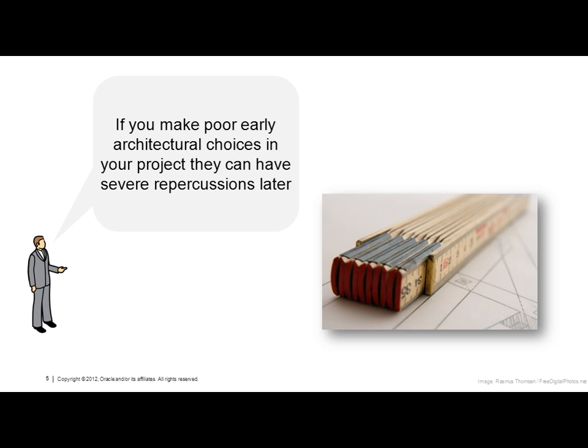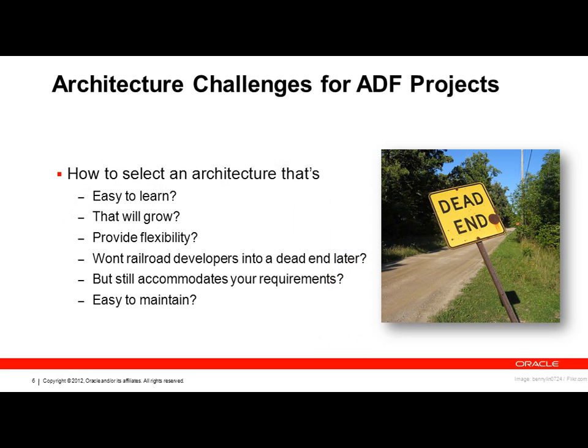You may discover that you built your application in one way and effectively it provides you no wiggle room later on to re-architect the application to take on some new requirements or some new reusability features. So this is a bit of a problem, and really this is what this presentation is attempting to address, to break you out of having no consideration of architecture into giving you a whole bunch of decisions about architecture so you're well informed to building a successful ADF project.